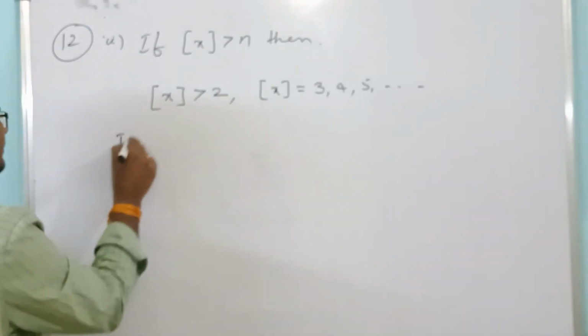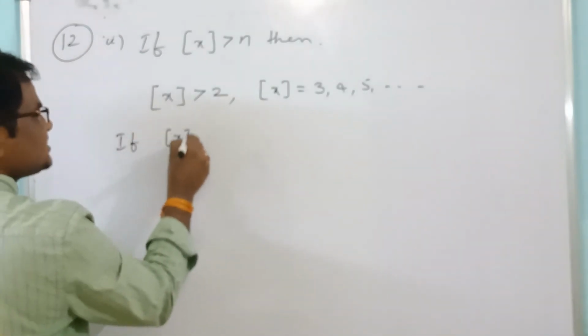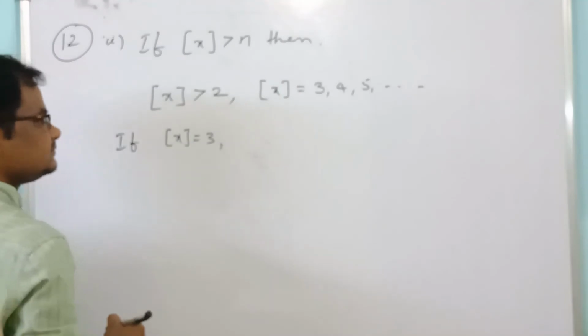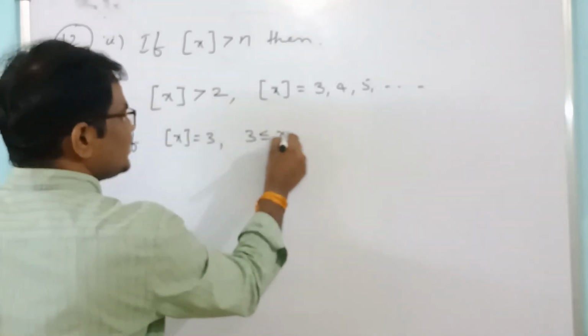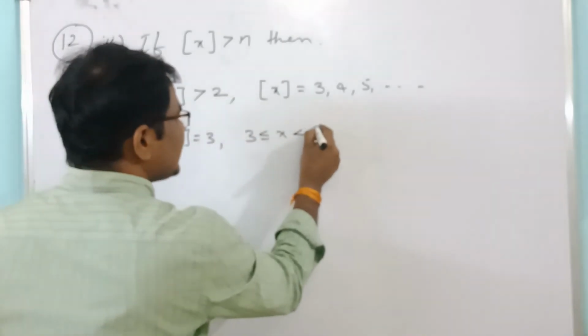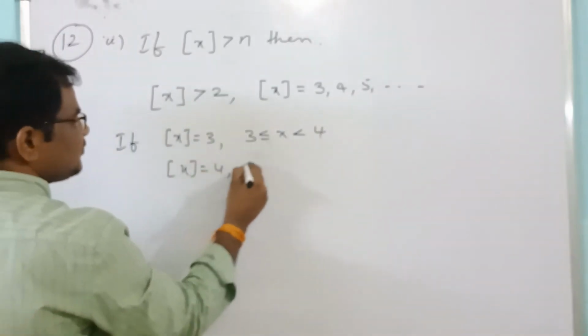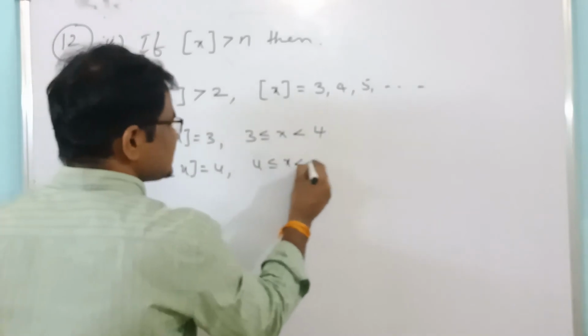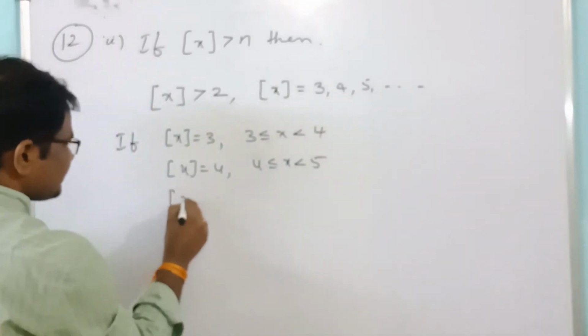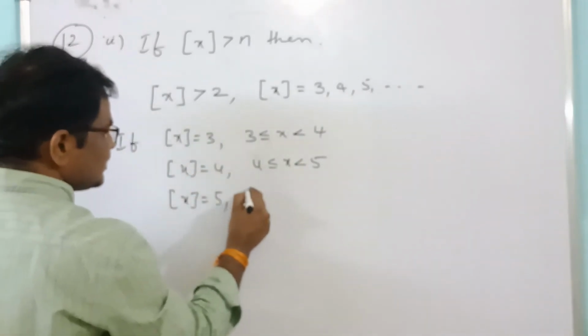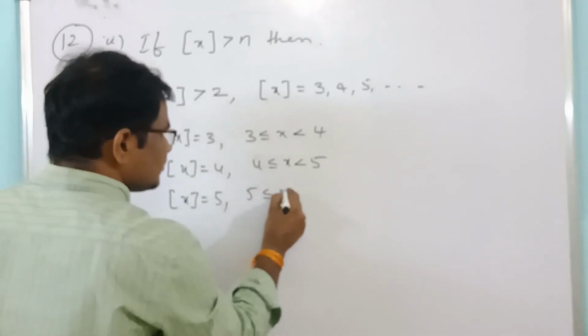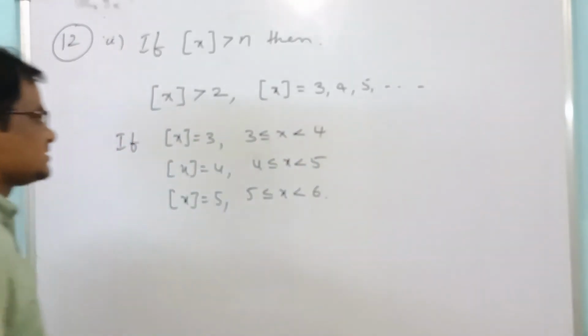Now if [x] equal to 3, then 3 less than or equal to x less than 4. If [x] equal to 4, 4 less than or equal to x less than 5. If [x] equal to 5, 5 less than or equal to x less than 6.